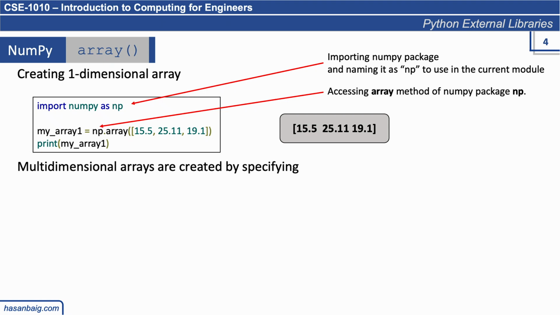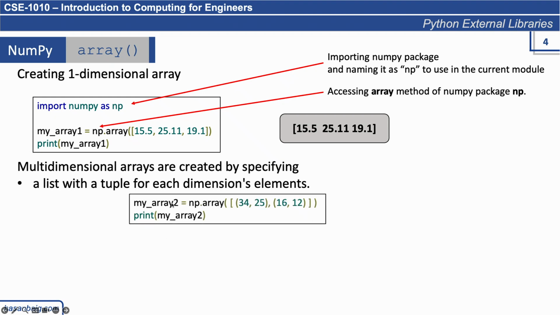We can also create a multi-dimensional array by specifying a list with a tuple for each dimension. For example here, always remember that in np.array we have to specify everything within these braces. What are we specifying? A list. Now this list contains two dimensions.